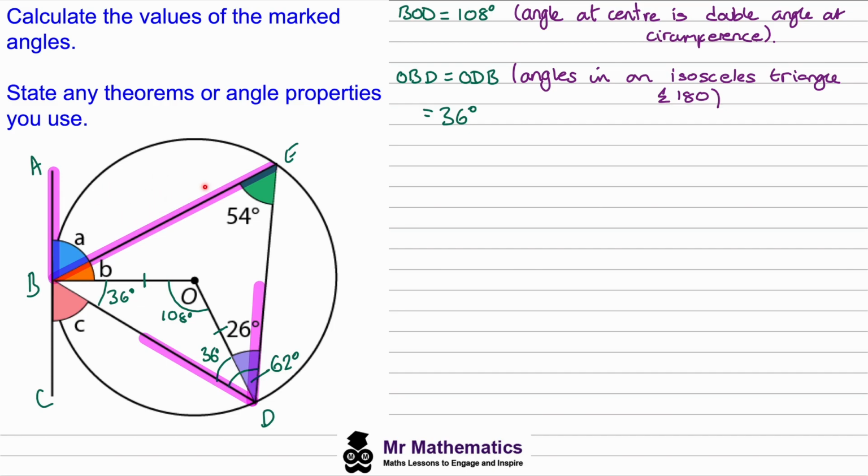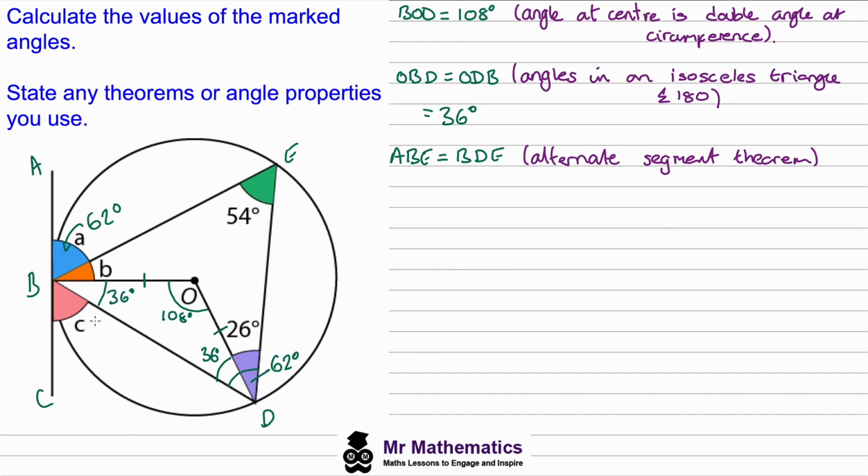And this segment is the alternate segment to this one. So this 62 must be equal to the angle A. So we'll say that ABE must equal BDE by applying the alternate segment theorem. So again, we'll mark this on our diagram as 62 degrees for angle A.